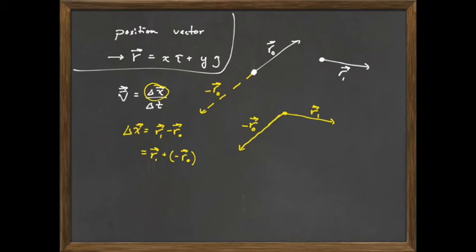Remember, in order to add these vectors, we simply do a parallelogram type shape, and we find that the displacement would be in this direction. So if that's how the displacement points, it follows that the average velocity would point in the same direction, and the length just depends on how much time it takes to change the position like that.